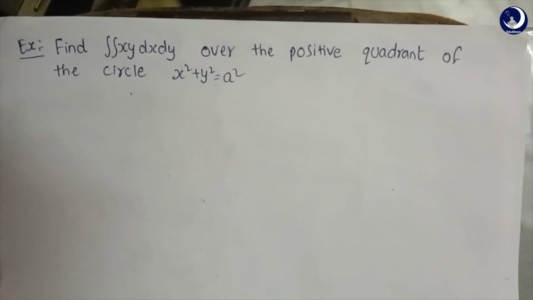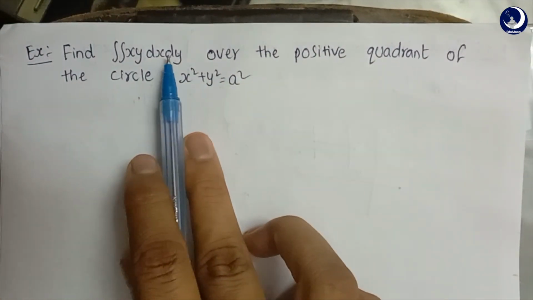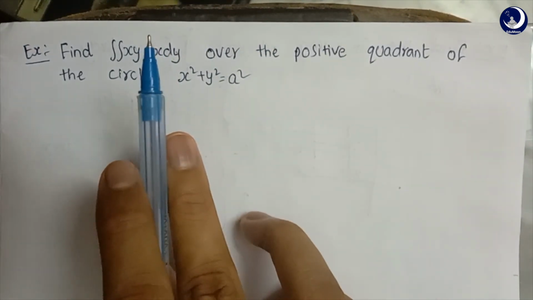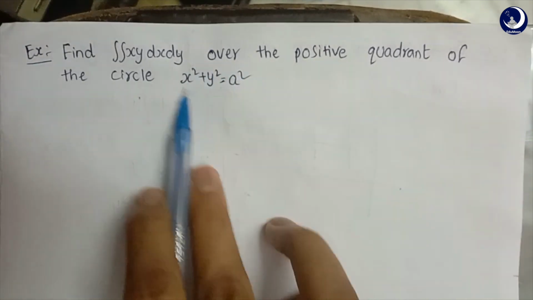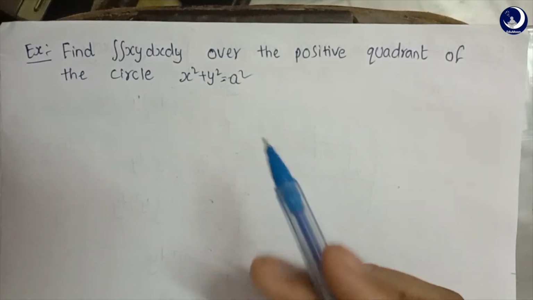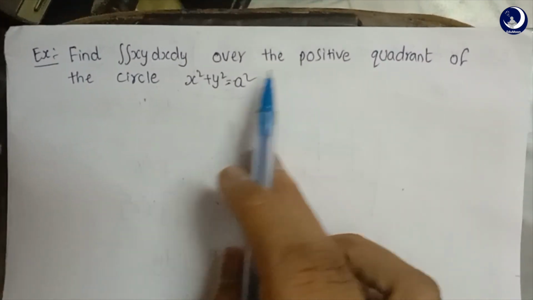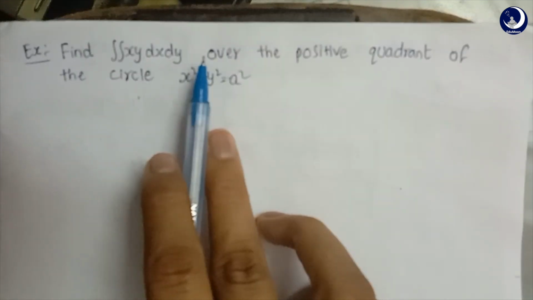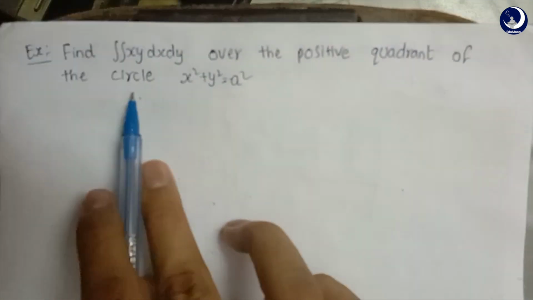So if you see this, find the double integral of xy dx dy over the positive quadrant of the circle. Here they have given the function, which means the limits are not constants. Here the limits are variables. So first you find out whatever the question has given. Find the double integration over the positive quadrant of the circle.